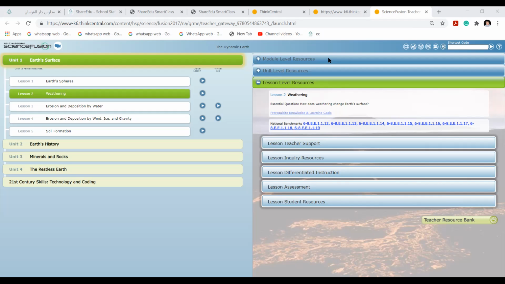Next, Judy, repeat. There are two types, physical weathering and chemical weathering.